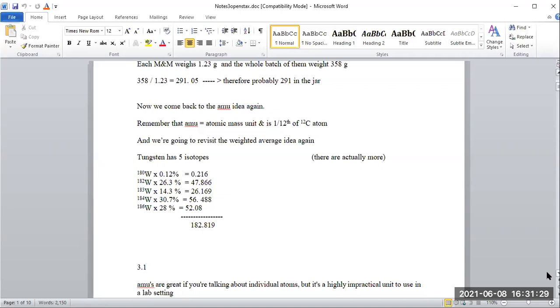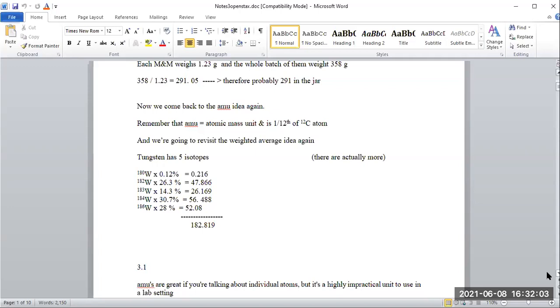I'm going to take the atomic mass and multiply it by my percentages, keeping in mind that I have moved my decimal place 2 spaces on my percentage. If I multiply 180 times 0.0012, I get 0.216.